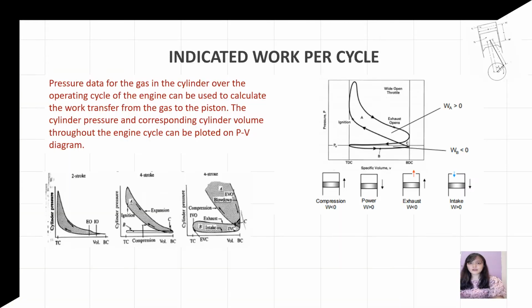The first part is indicated work per cycle. Pressure data for the gas in the cylinder over the operating cycle of the engine can be used to calculate the work transfer from the gas to the piston. The cylinder pressure and corresponding cylinder volume throughout the engine cycle can be plotted on a PV diagram.